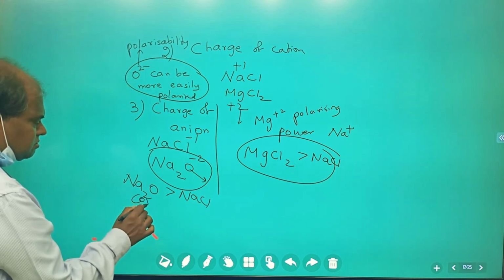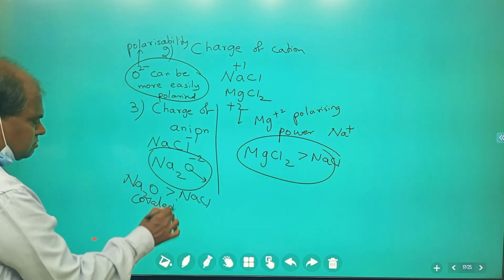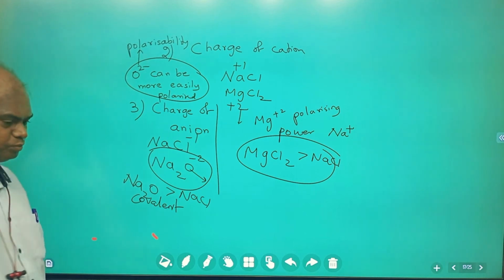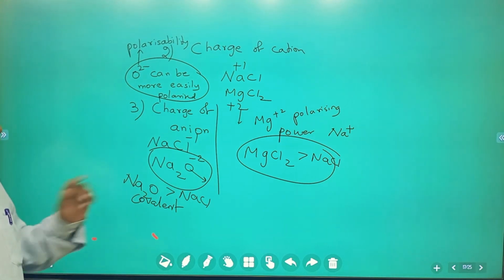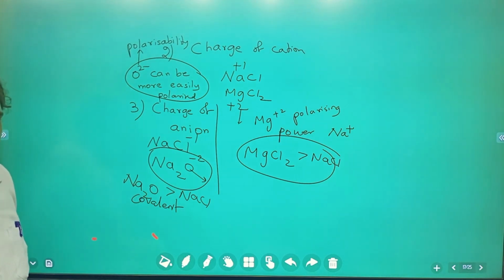Are you clear? So that's the logic. The more the charge of the anion, the more polarized. So the oxide ion will be more polarized. Sodium oxide will have more covalent behavior compared to NaCl.